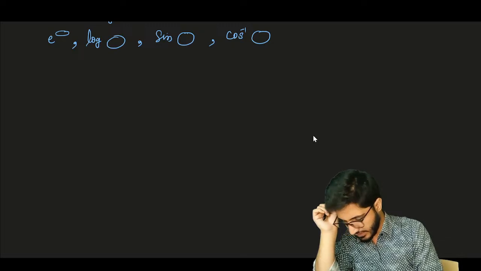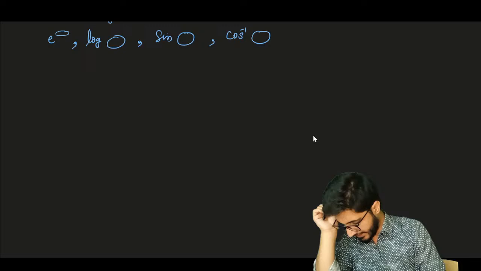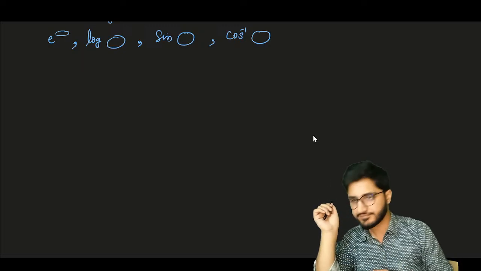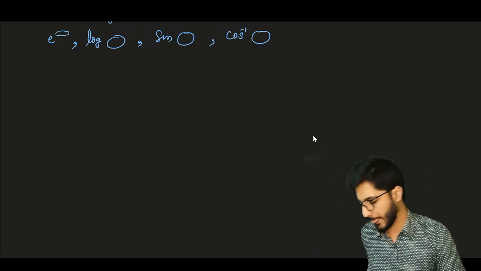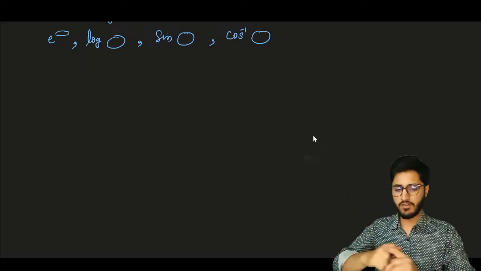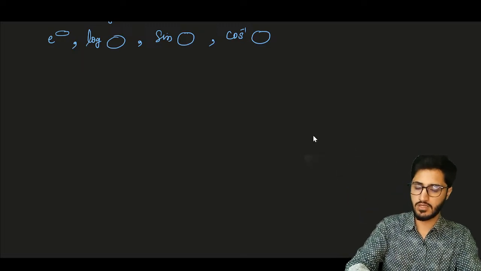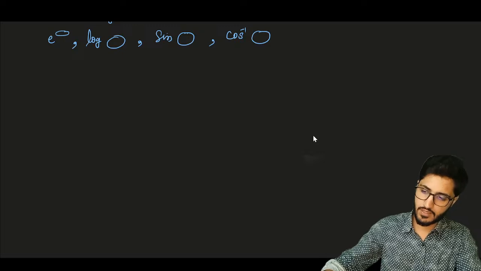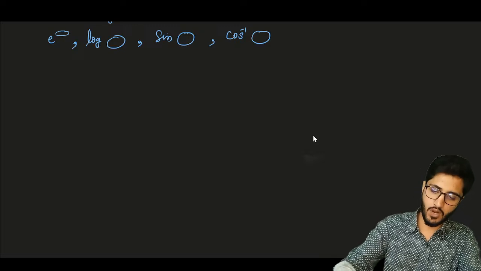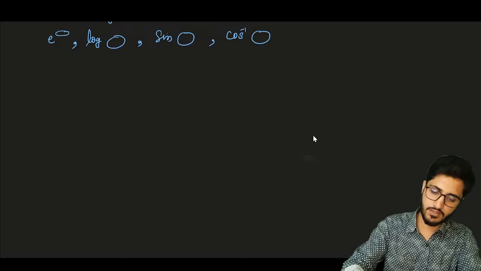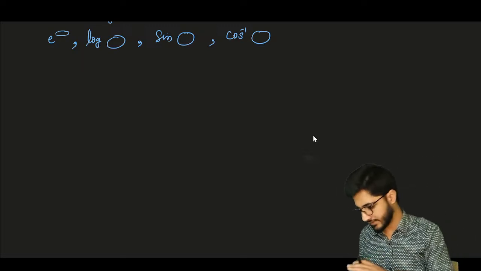Give me 1 minute. I need only 1 minute from your side. And we will do some numericals to get this thing clear. Then we are having errors, then rounding off, then significant figures, and that's it.